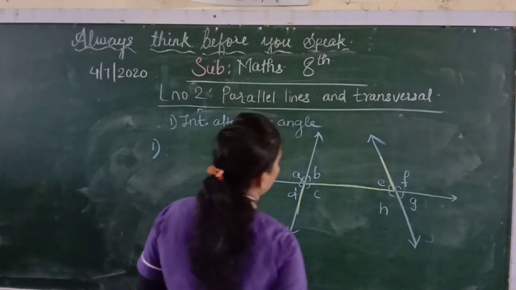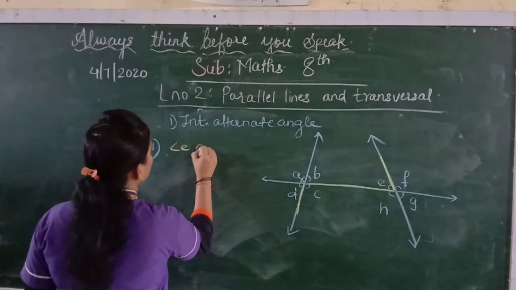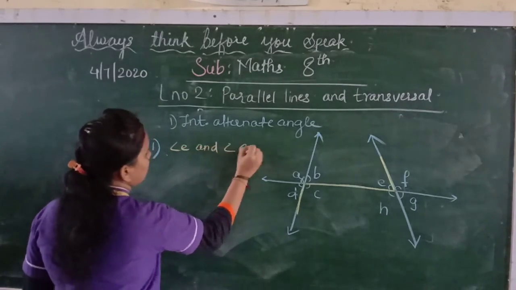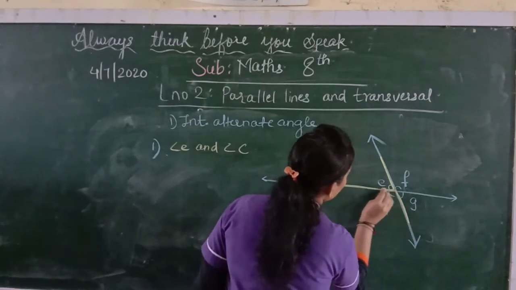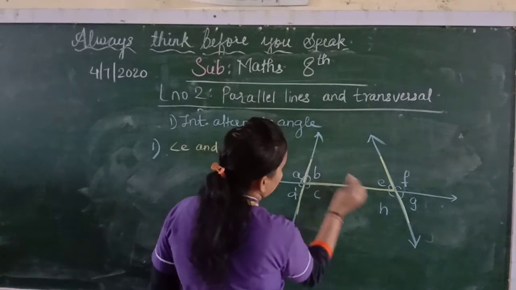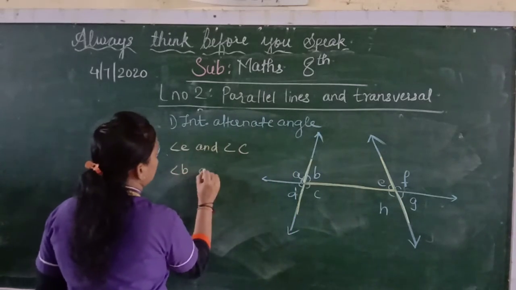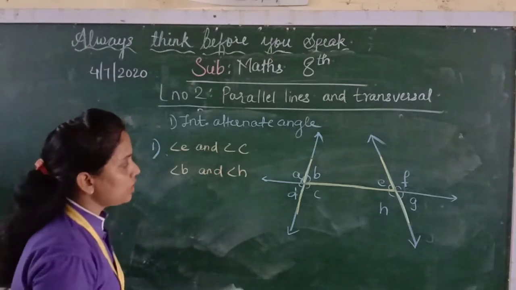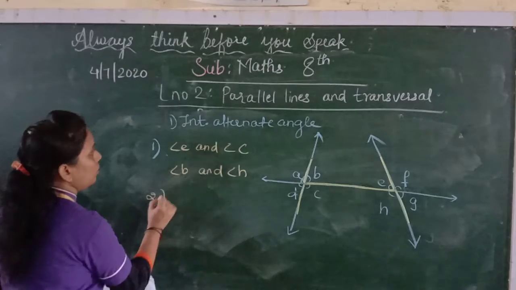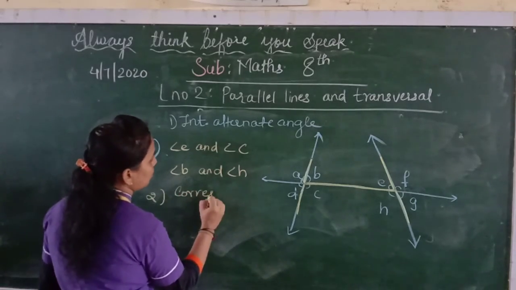So here you will have angle E and angle C. Now if you see the reverse way, these two are the corners, so it will be B and H. So these are interior alternate angles.